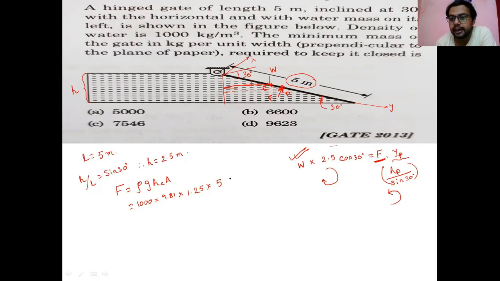Area is the length 5 into width. Width is taken as unit width, because the other dimension perpendicular to the paper we cannot see, that is 1. So this is the force acting over this. If you calculate, this value will be nearly 61.312 kilonewton.